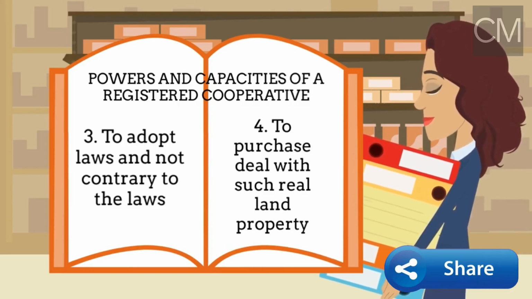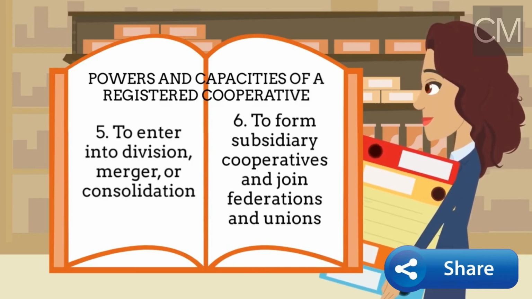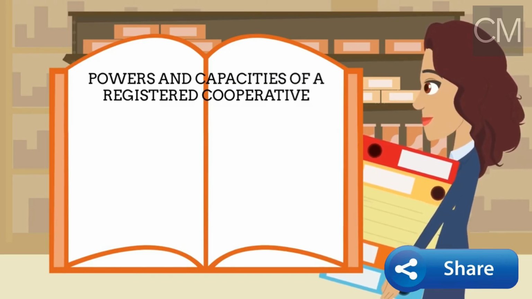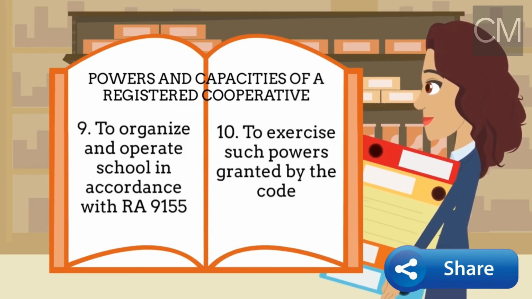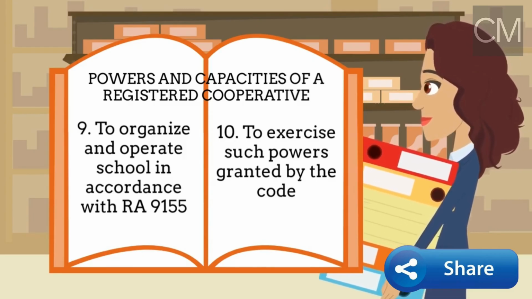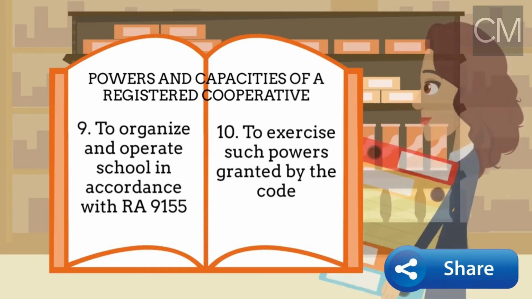They are also to organize and operate schools in accordance with Republic Act number 9155. And they are to exercise such other powers granted by the code or as stated in its articles of cooperation. These are just some of the powers and capacities written in Republic Act 9520.